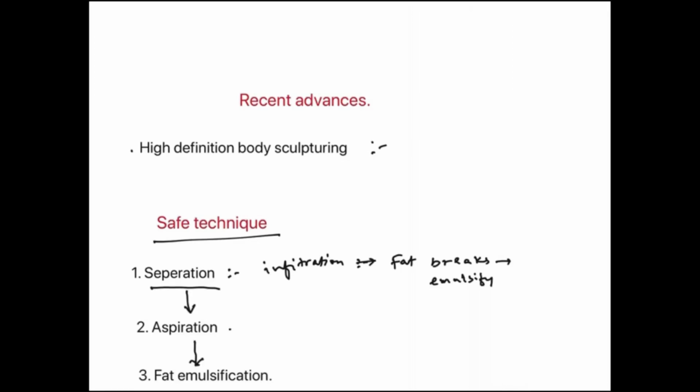The significance is that these steps come after the previous step. So when you are separating the fat lobules, at that time you will not aspirate it, and after that comes fat emulsification.